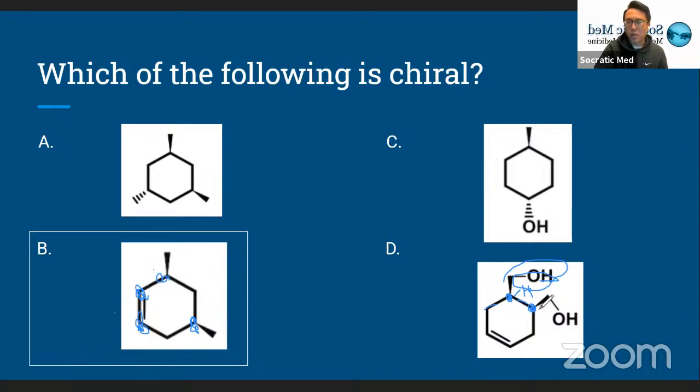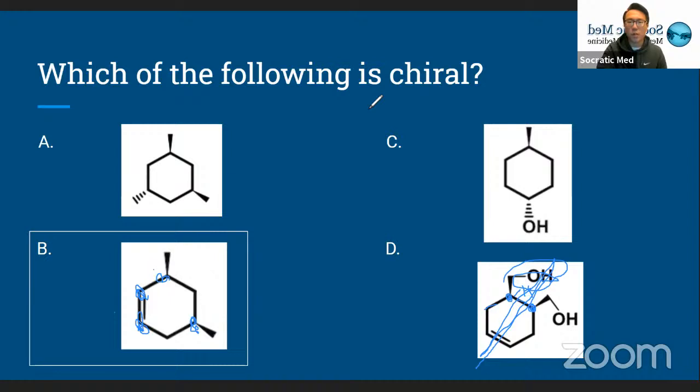Because they're both attached to four different things, they're considered stereogenic centers. But this molecule is not chiral because if you cut this molecule down this plane, both sides of this molecule are symmetrical.